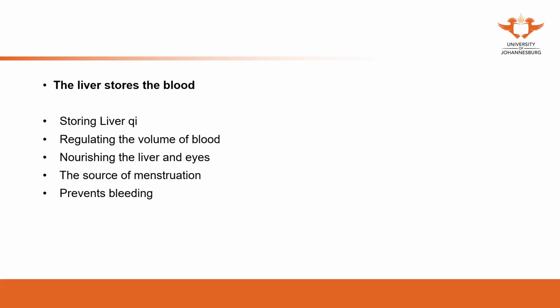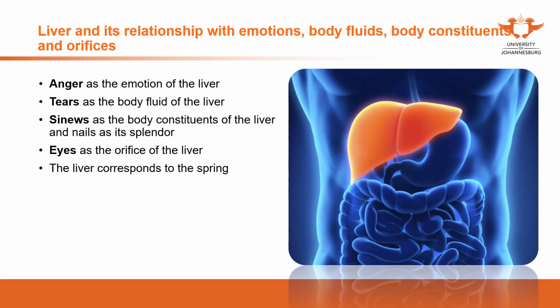So that's the relationship from the five elements. It can also manifest in blood problems, the nourishment of the blood. So we're going to see what exactly can happen in a liver disorder.